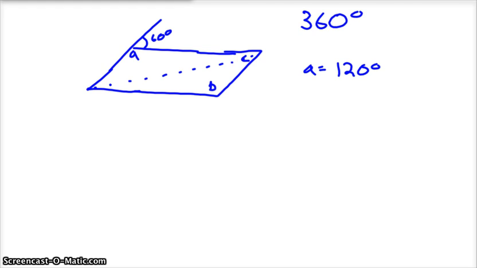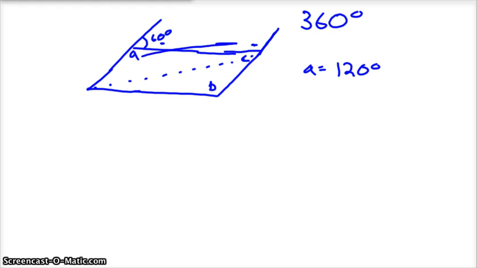Well, think about if we were to continue this line up here. We could say that this 60 degrees is again complementary over here, and A is supplementary to it. See how it's kind of across, it's diagonal.